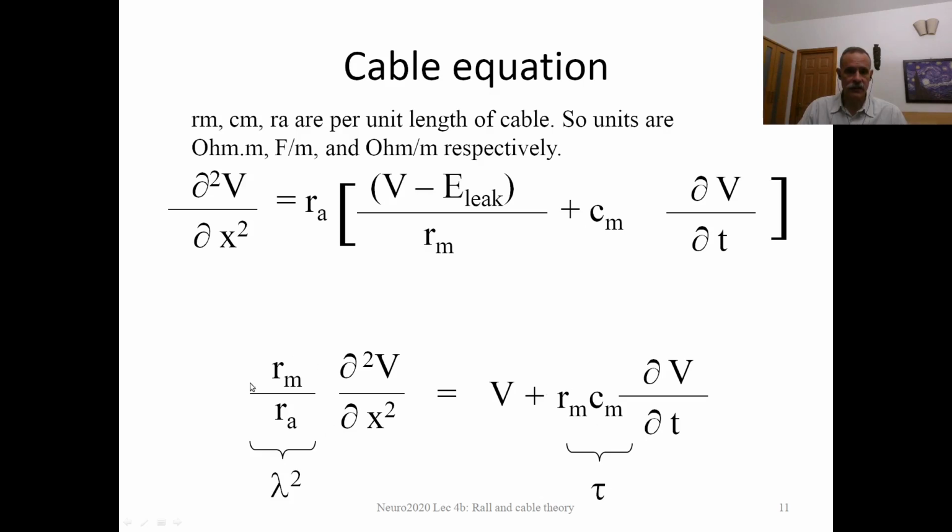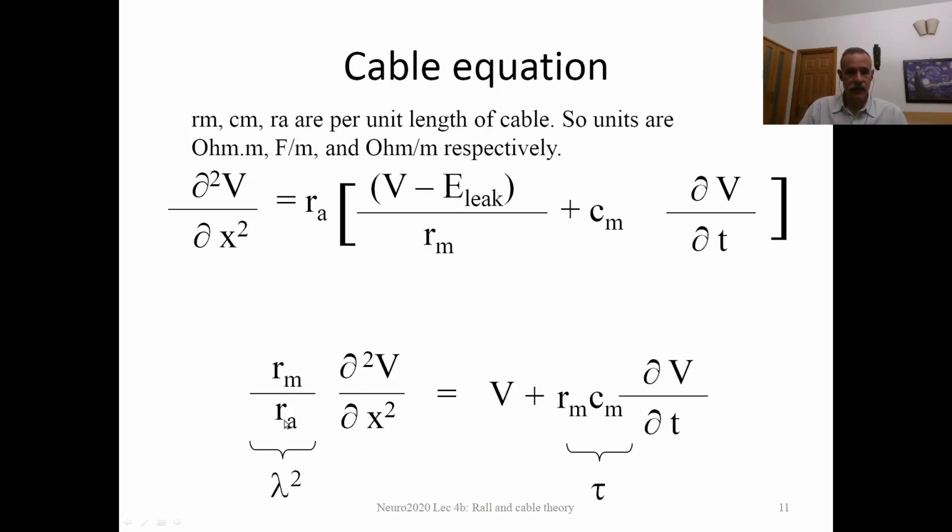So this is a constant of, you can see that it's multiplying the rate of change with respect to position. So this is a constant of position. This is a length constant, and it's called lambda. And for various algebraic reasons, partly because this is a double derivative, this is actually length constant lambda squared.